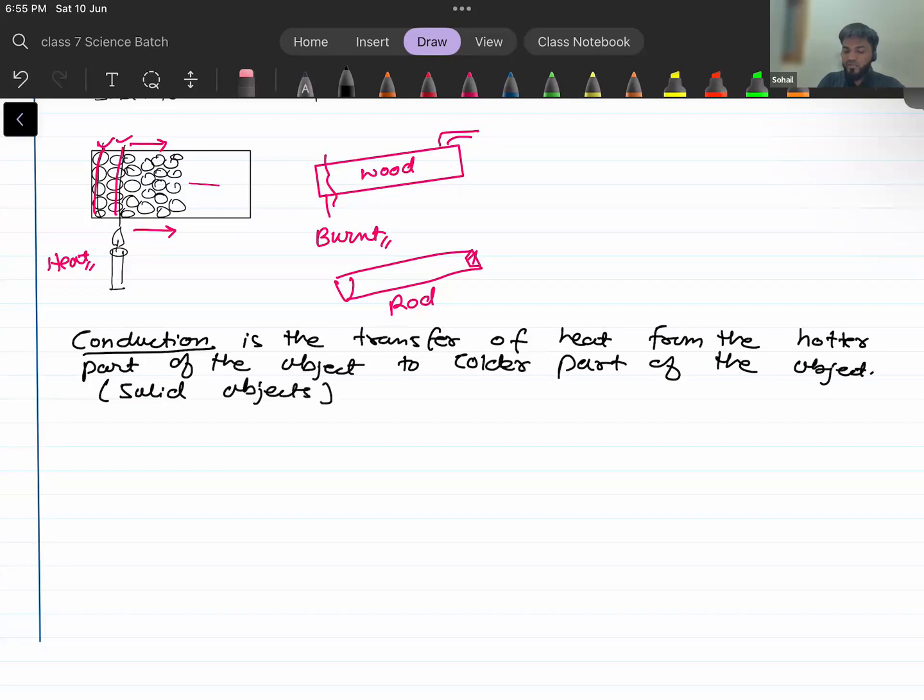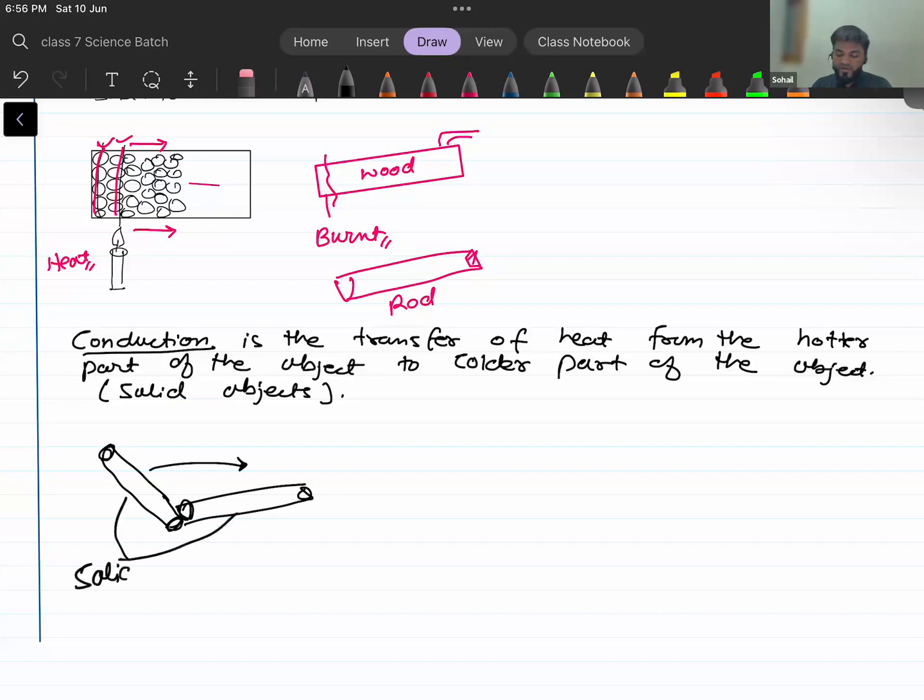One more thing, conduction is not necessarily going to take place between two solids only. Let's say I have two objects in contact with each other. One is hotter, another is colder. So there is going to be transfer of heat, and both are solid here. But if I bring this hot rod in contact with water, will there be no transfer of heat?